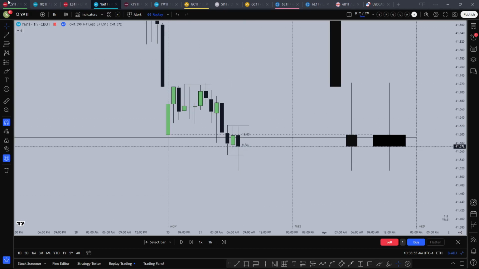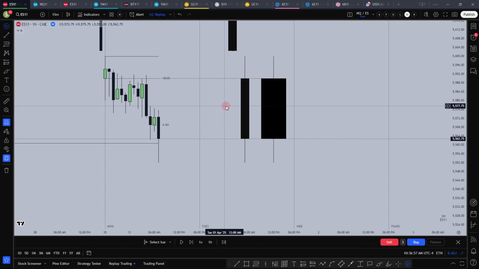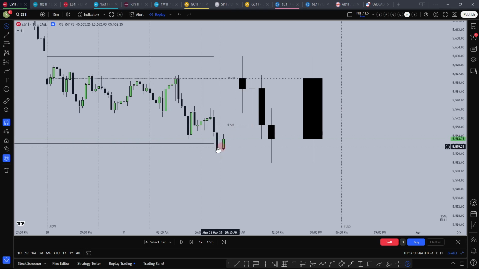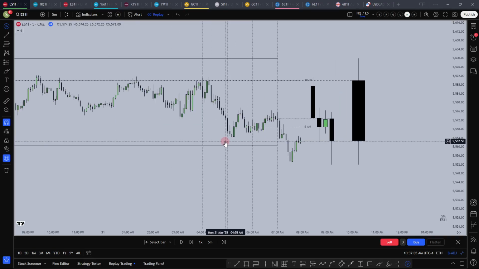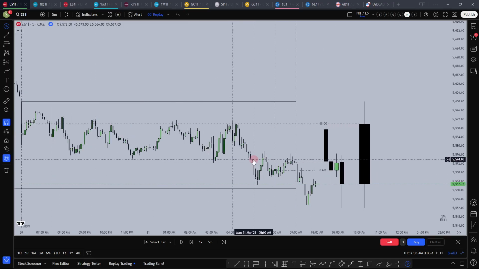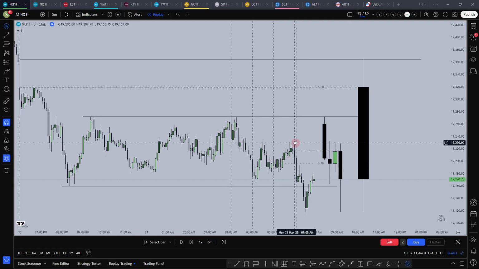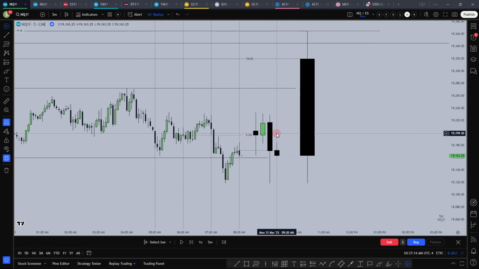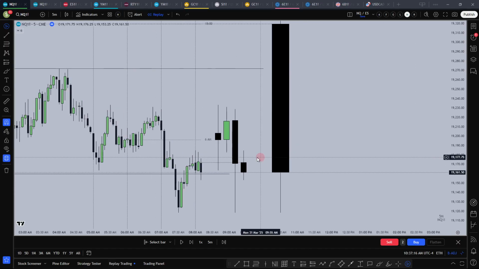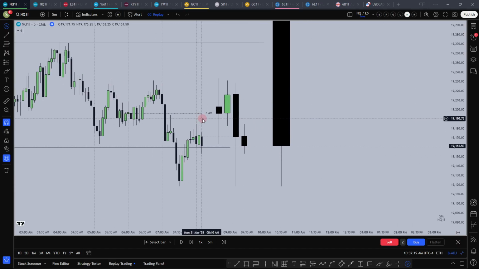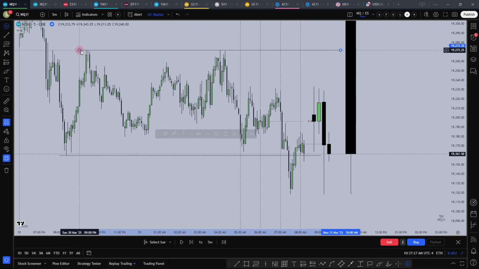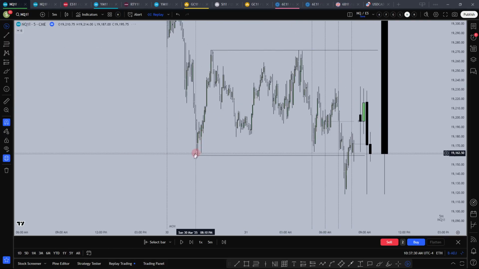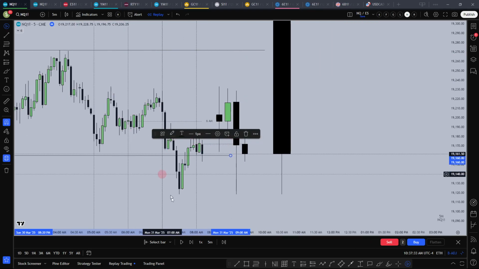On the lower time frame, price hit a relevant swing and showed immediate reaction back inside.